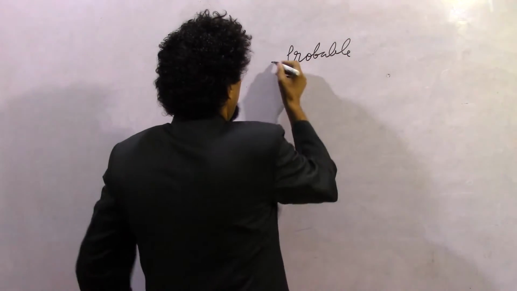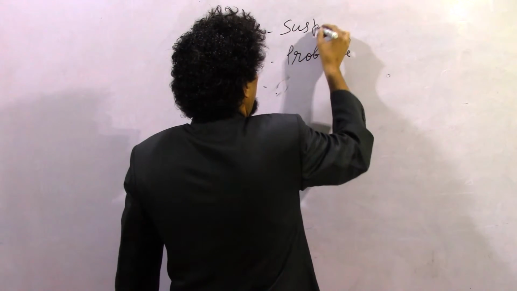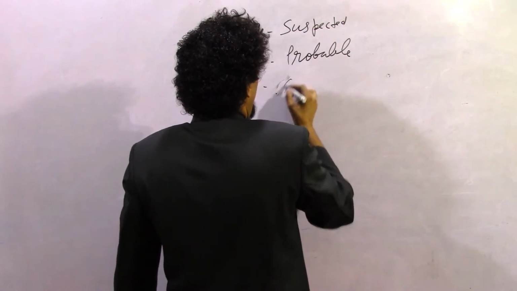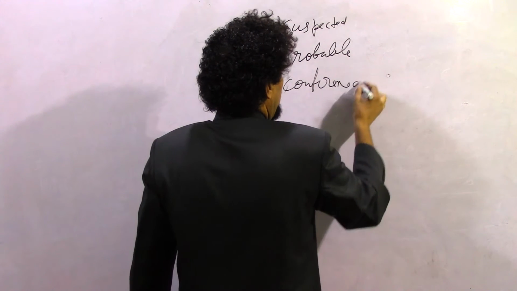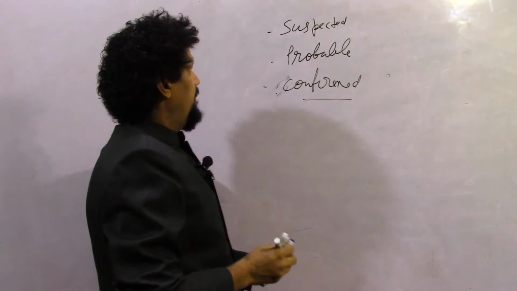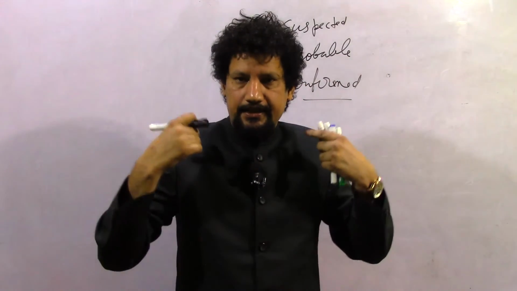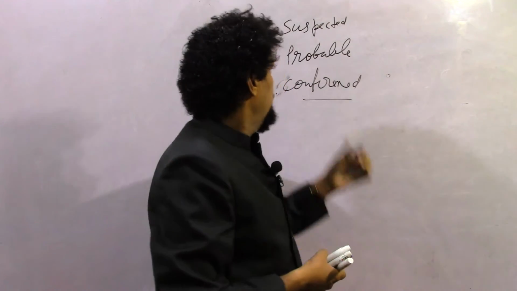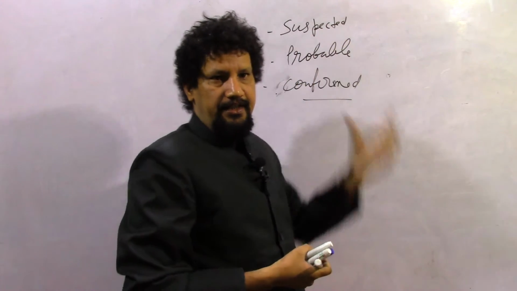If a patient is having a history of high-grade fever with joint pains, with rashes, typical rashes of chikungunya or viral fever, and also having the stooped over posture, these are the suspected cases.